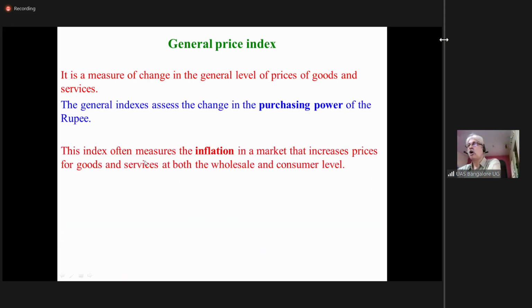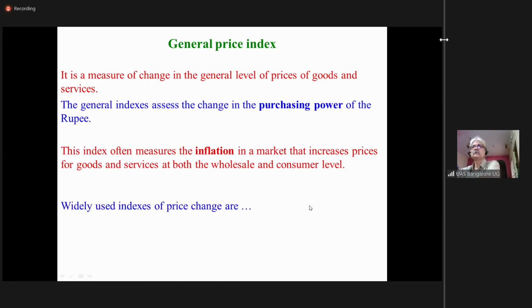Okay, this index often measures the inflation in a market that increases prices for goods and services at both the wholesale and the consumer level. Wholesale, at the wholesale trade level, consumer level the retail outlets.